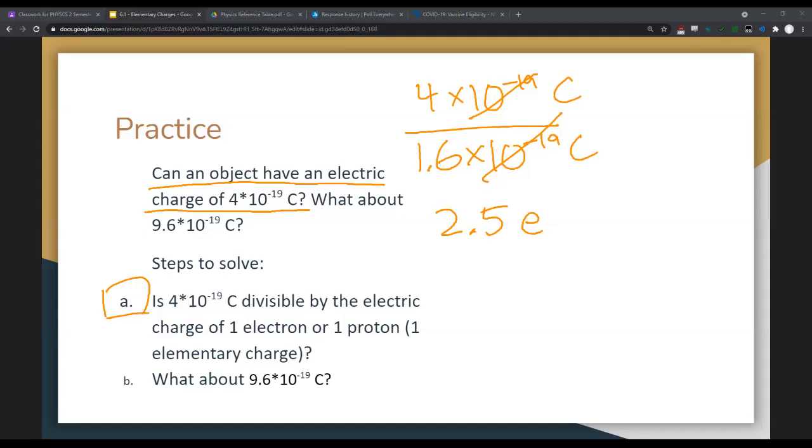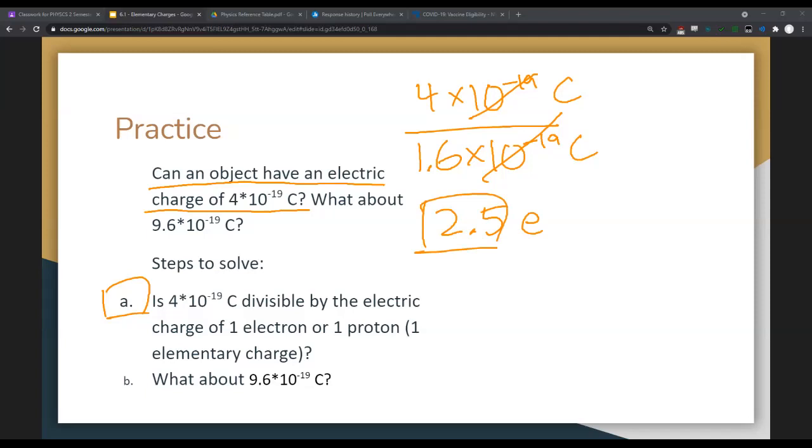So is it possible to have 2.5 electrons? No, it is impossible. You did the math. You divided 4 by 1.6, and what you got was 2.5. So no, it is impossible for an object to have an electric charge of 4 times 10 to the -19.